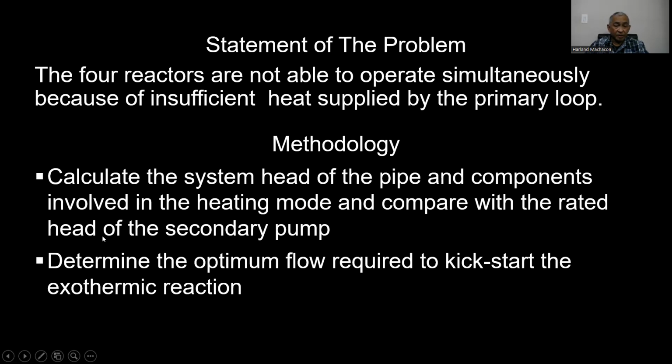And then once we determine the head, we evaluate the optimum flow required to kickstart an exothermic reaction. So let us proceed to the calculations for the required pump head in the secondary pumping circuit.